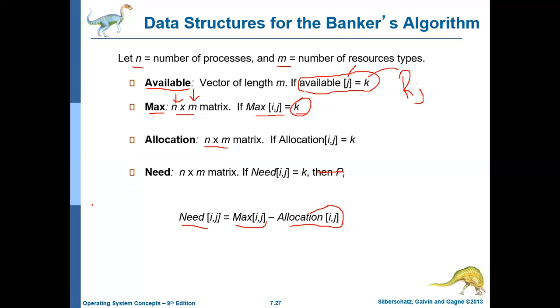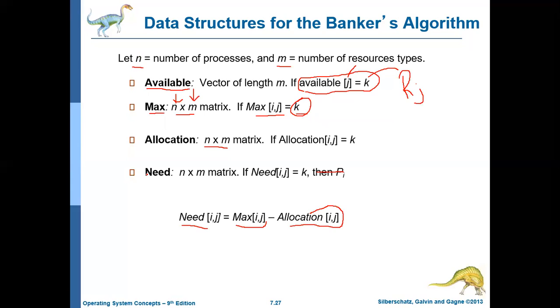So basically there is one vector and 3 matrices. The vector is available, which represents how many instances of each resource are currently available with the operating system. And 3 matrices: max, allocation and need. Max represents, for each process, how many instances of each resource type it will require. Allocation represents how many instances of each resource are currently allocated to each process.